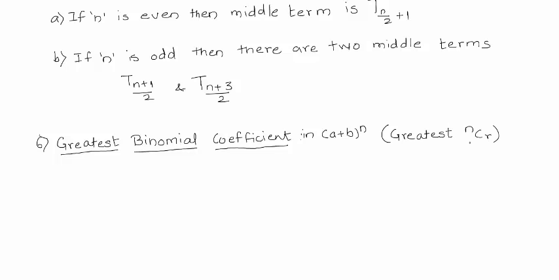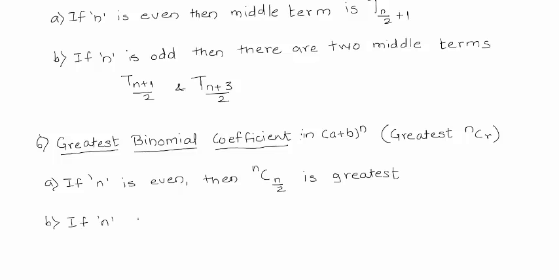Here we are going to learn how to calculate the greatest value of nCr for a given value of n. If n is even, then n/2 gives the greatest value. So for a given n which is even, the greatest is nC(n/2).